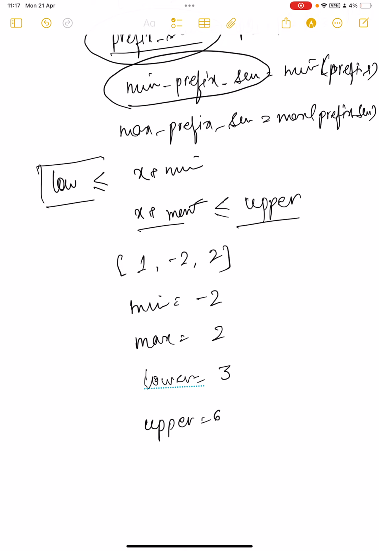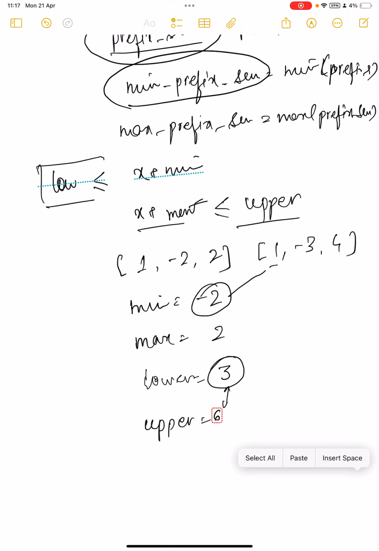So if I add each of these numbers, my original numbers were 1, minus 3 and 4, they have to lie between 3 and 6 from this formula, and then and only then I can say it's a valid sequence.